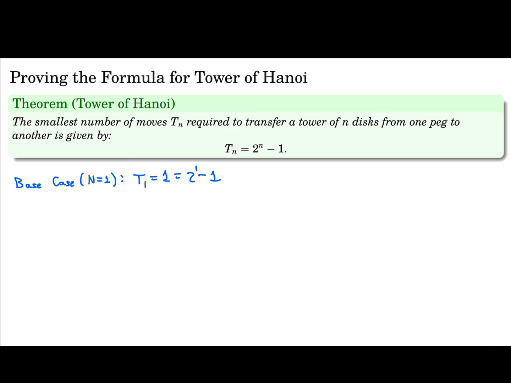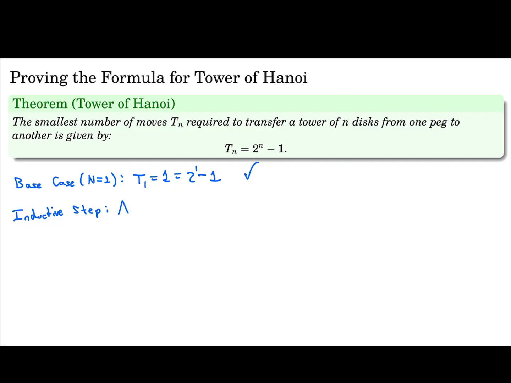And so it works. For the base case, it's true. Now we need to do the inductive step. We're going to assume the formula is true for k, and then show that it's true for k plus 1. Here we're going to use regular induction. We're not going to need strong induction.